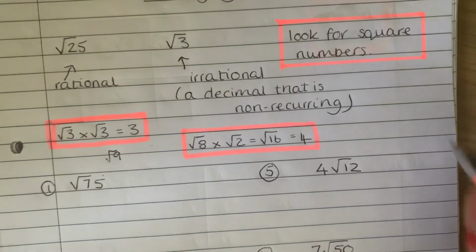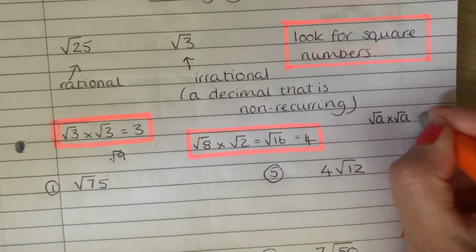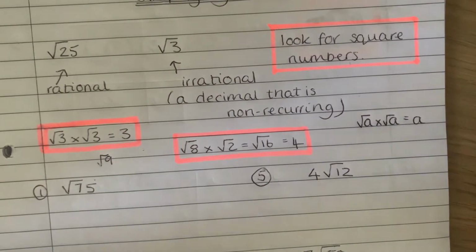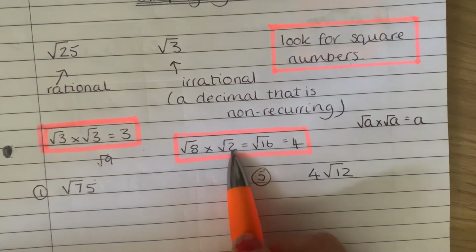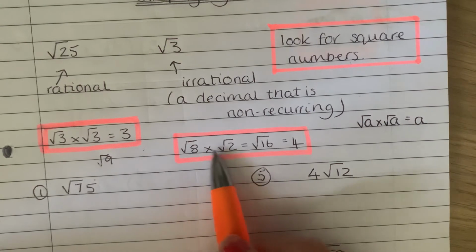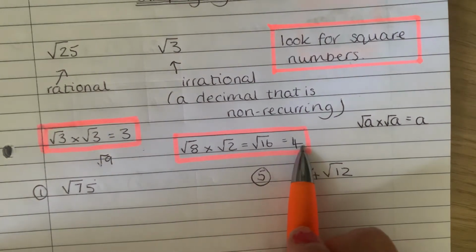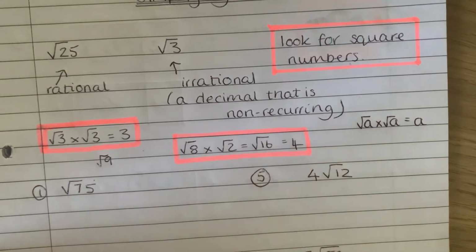That could be proven algebraically: root a times root a would simply be a. So that's one fundamental rule that's quite easy to go back to. If I did that again, root 8, which is irrational, times root 2, which is irrational, is root 16, and root 16, as you know, is 4. So we've now made a rational number by multiplying two irrationals.